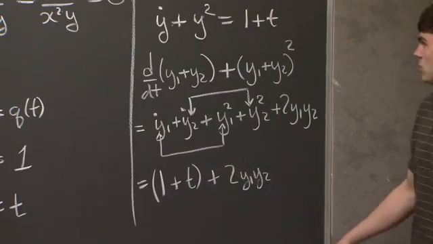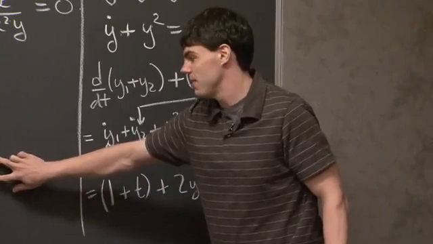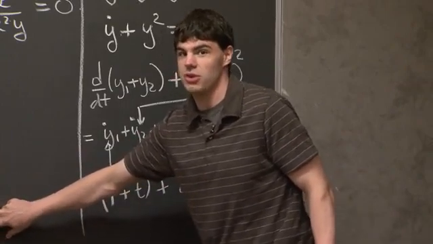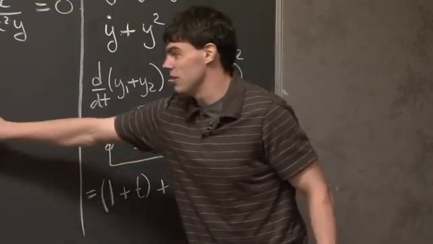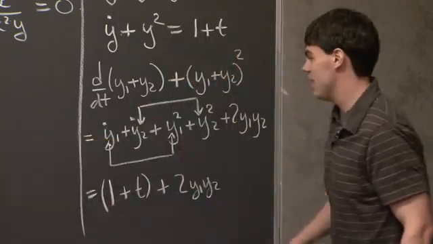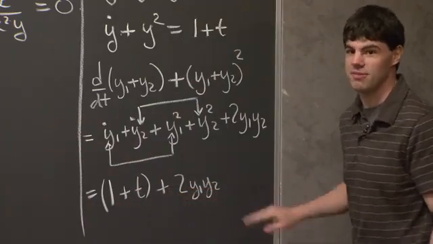Okay. So in general, if I take a function which solves this differential equation and another function which solves this differential equation, and I add them together and plug it into the left-hand side of this differential equation, I get something which is 1 plus t plus some other stuff.